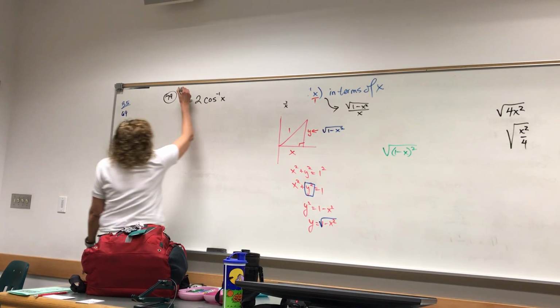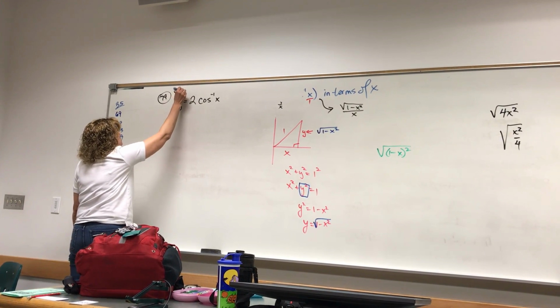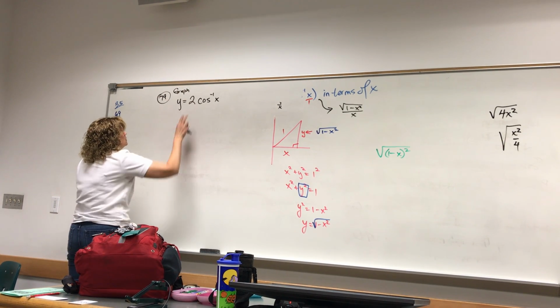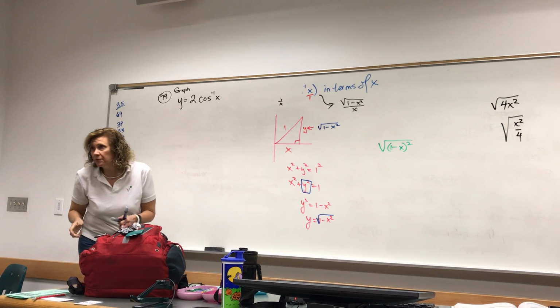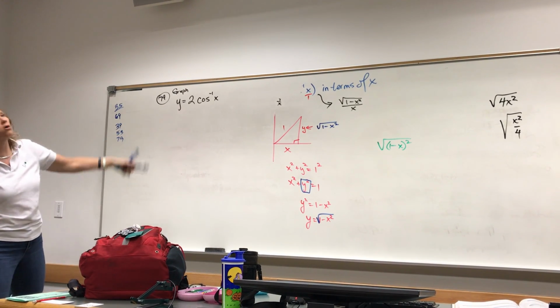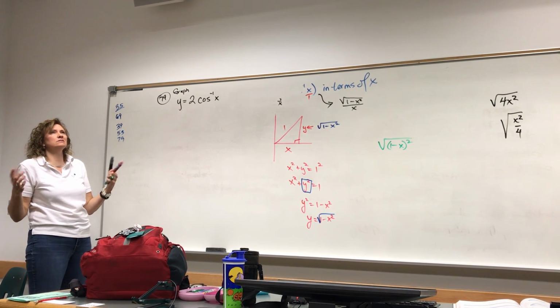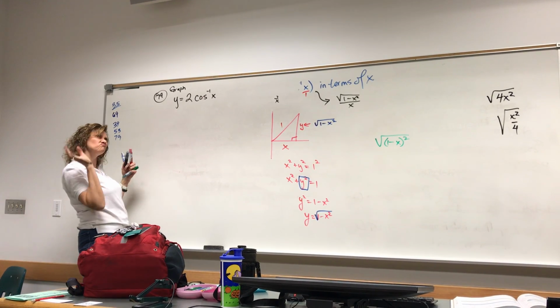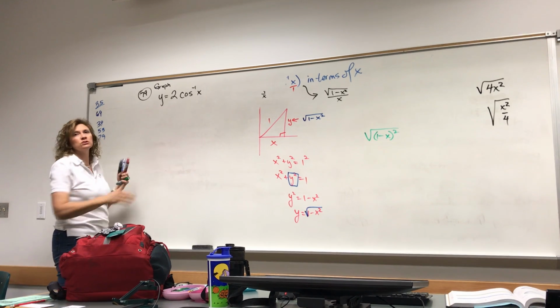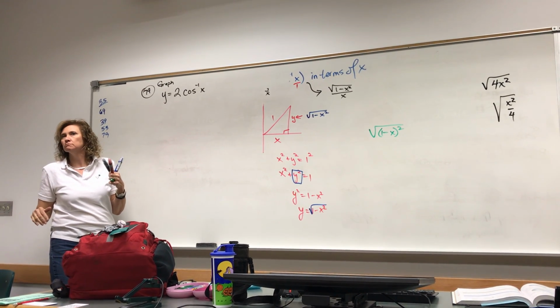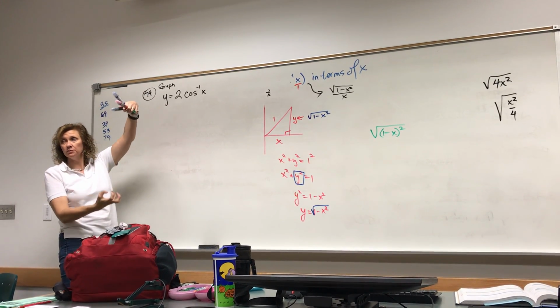So we are going to graph with respect to all of our transformations that you all remember from college algebra. What does that 2 do to the function? Stretches it. It's going to double the height.